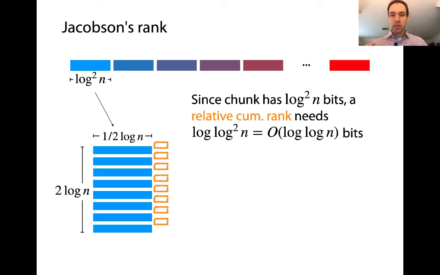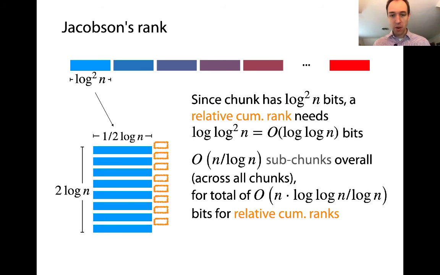So if we consider that the number of bits we need to store one of these relative cumulative ranks is big O of log log n, and we consider how many subchunks there are total, or what's the length of a subchunk? It's 1/2 log n. We can write down that we have big O of n over log n subchunks overall, because each one of them is 1/2 log n long.